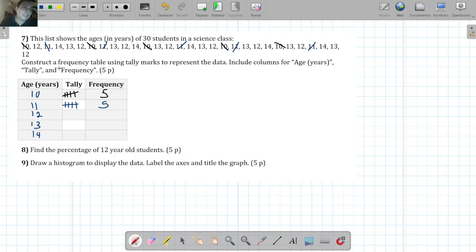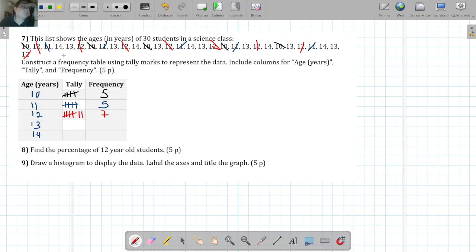Let's go with the ones that are 12. 1, 2, 3, 4, 5, 6, 7, 8. Again, as a tally, this will look like this: 5, 6, 7. So we have 7 students that are 12 years old.